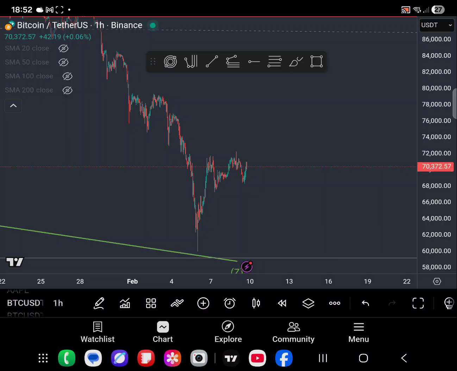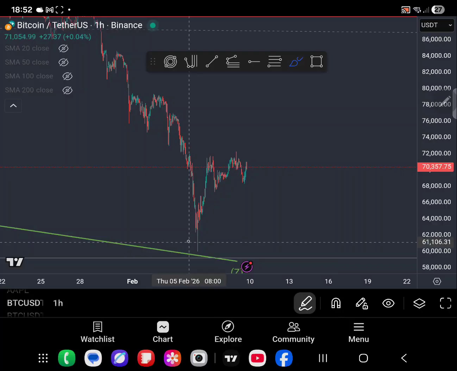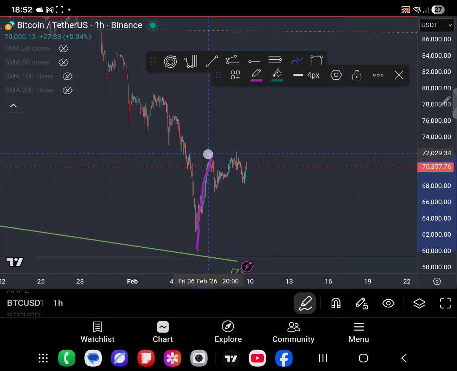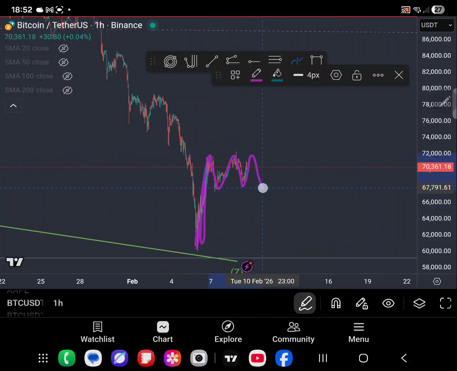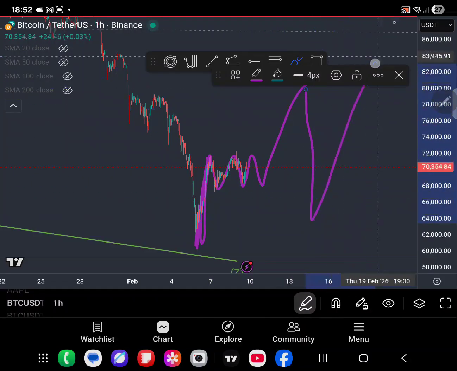I mean, obviously, I'm not that concerned what it's doing in the short run. I'm not trying to scalp or day trade Bitcoin or anything like that. What do I expect to happen here? Well, you can call this a fast moving wave, and we've got some sideways movement, right? And then it could go up again, and it could maybe come back down again, and it could go back up.